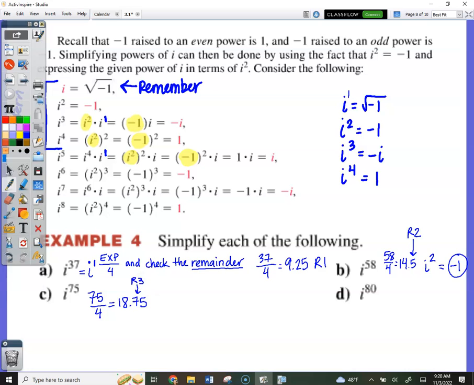So this is the same answer as i cubed. Now this is where you need that chart, or you need to generate it. Tell yourself, okay, i cubed. That is i squared times i, and i squared is -1 times i is -i.